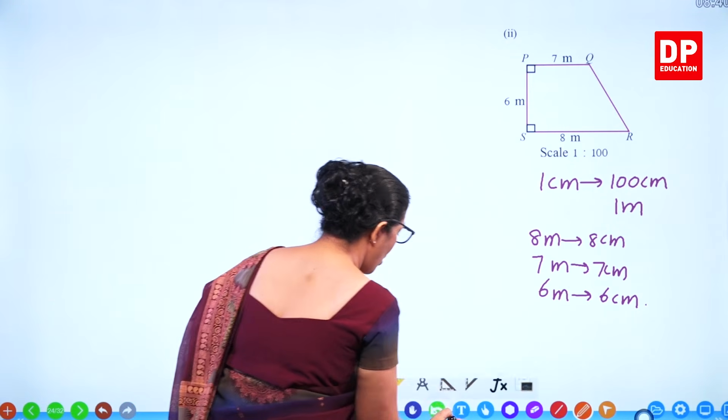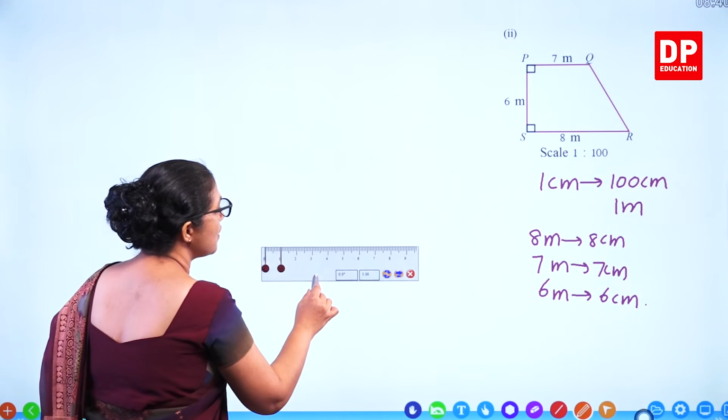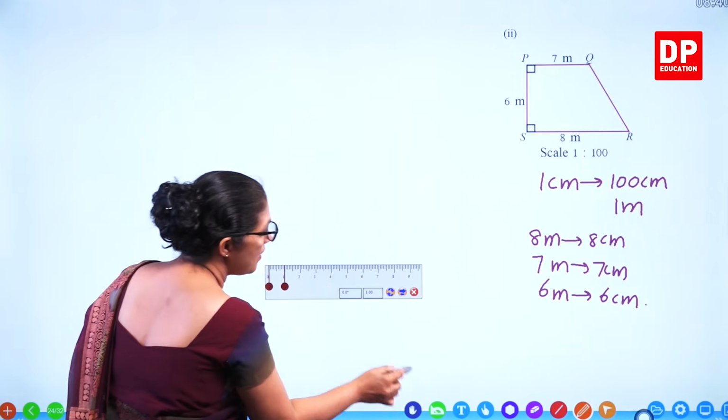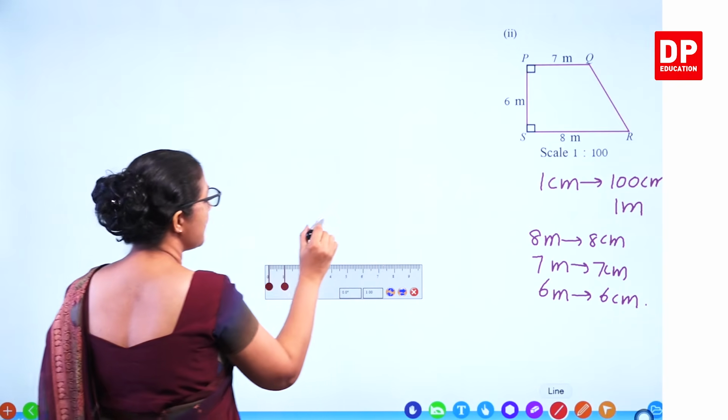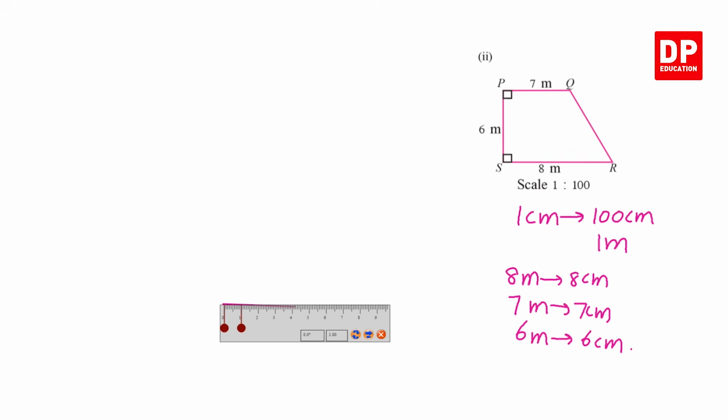So draw this one using the ruler first. Ruler, and we can take 8 centimeter length. Here to here, 8 centimeter length.